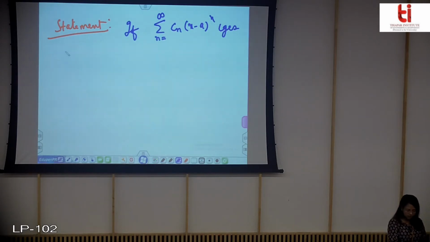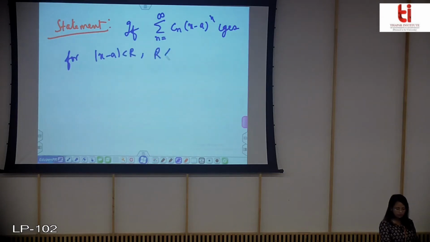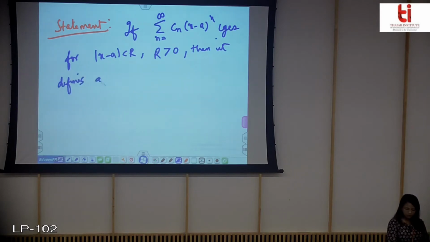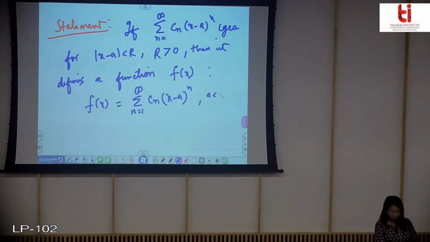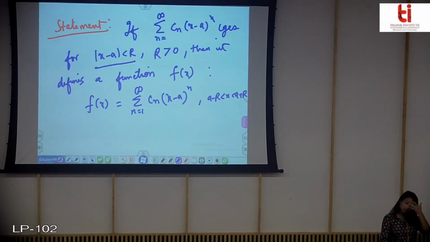Suppose that this converges for this interval where r is greater than 0, then it defines a function f of x, such that you can write a function which is equal to this, and it is defined for all x in the interval of convergence.